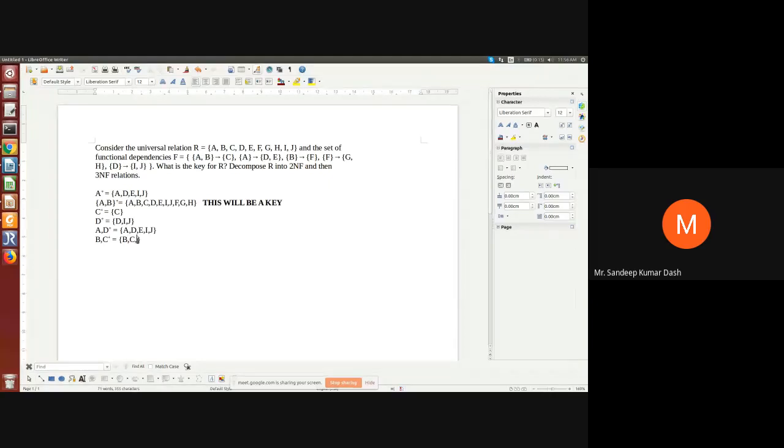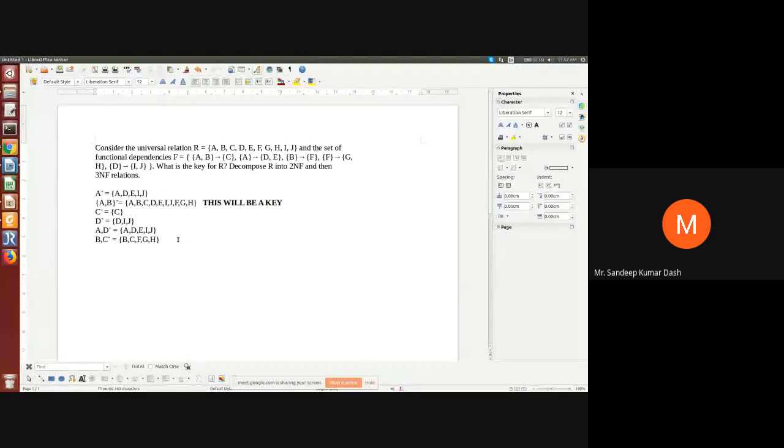Then F will be there. F came in means G and H will come in. Anything else? No, IJ cannot come in, D cannot come in.